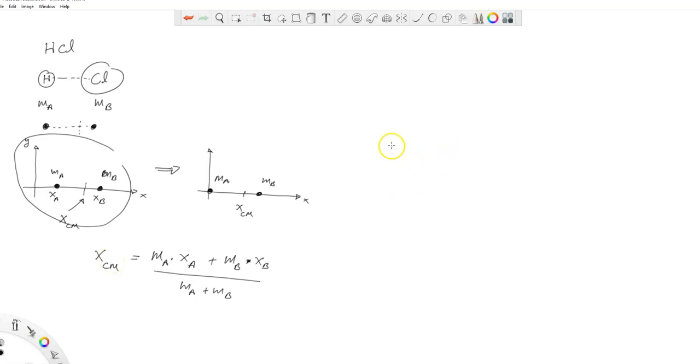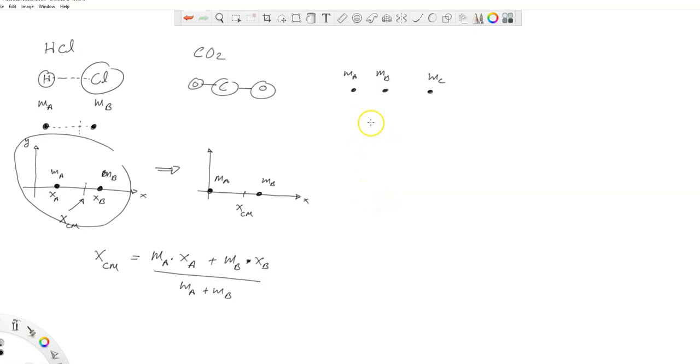Now let's say you have a different example, some kind of molecule, like CO2, carbon dioxide. So you have oxygen, carbon, and another oxygen, right? I believe it's a linear molecule like this, but that detail is not important right now. Let's say there are three masses in a straight line, at different distances: MA, MB, MC.